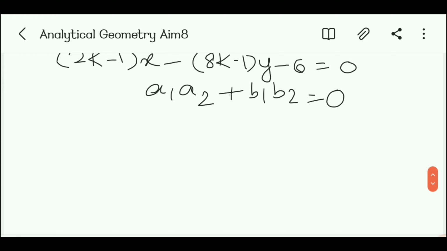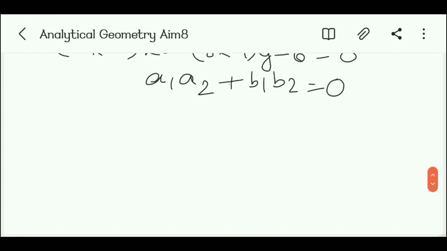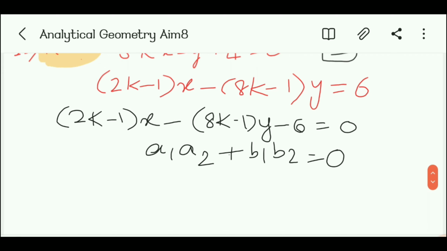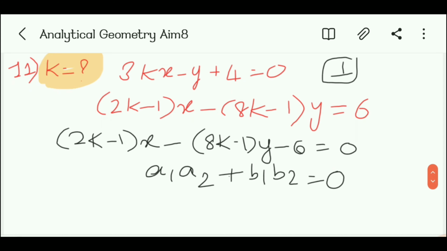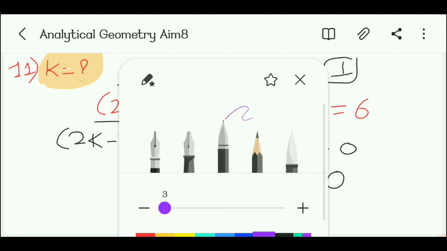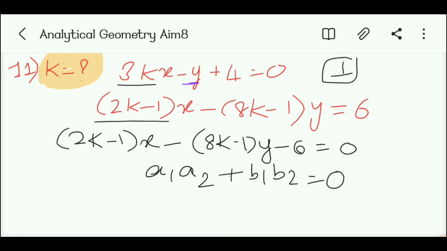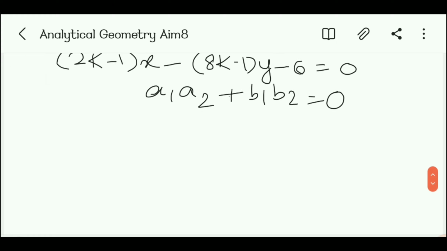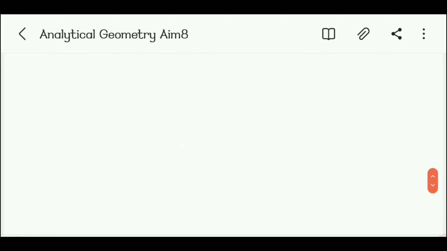Now what we shall do, just substitute. As you all know, this is a1 and this is a2, and again b1 and b2. So b1 is minus 1 and b2 is this part. Clear? Now let's bring them up here and find the solution. Here I am writing it with the formula.